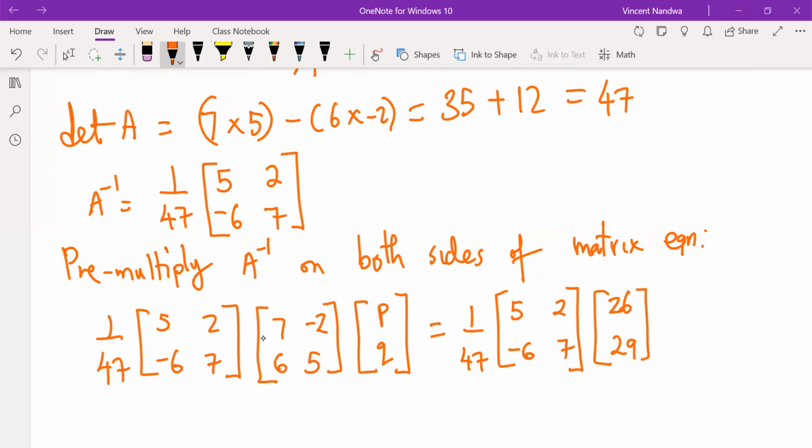Remember, matrix multiplication is sensitive to order, so you have to be very careful to follow the correct order.